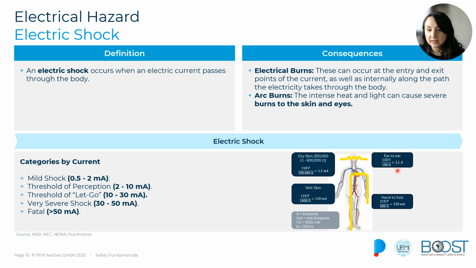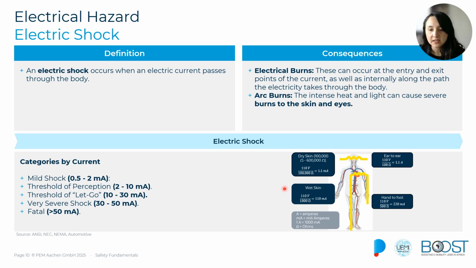If your skin is dry, you might only experience a mild discomfort because the current is going to be low. Assuming a human resistance of 100 kiloohms, we will have a current of less than 2 milliamps, so just some discomfort, nothing too serious.